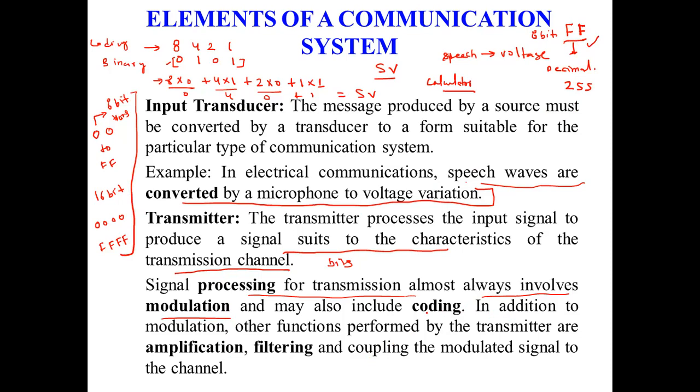Once this coding is done, in addition to modulation, we need to again amplify this signal so that the voice is not lost. So the signal should be boosted. But when we boost, we are also boosting the atmospheric noise that was present in the system.